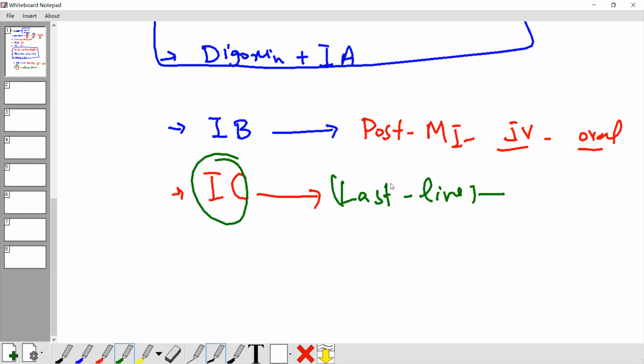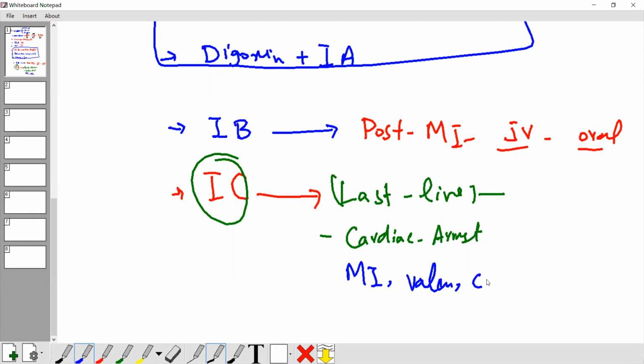What is the important problem with 1C? 1C can cause cardiac arrest. It's a big problem with this drug. When do you never use 1C? If the patient has a history of MI, valve disease, or cardiomyopathy. If a healthy heart has arrhythmia, you can use 1C. But if there is any structural problem in the heart, never use 1C.